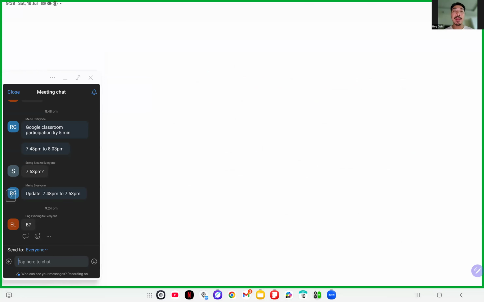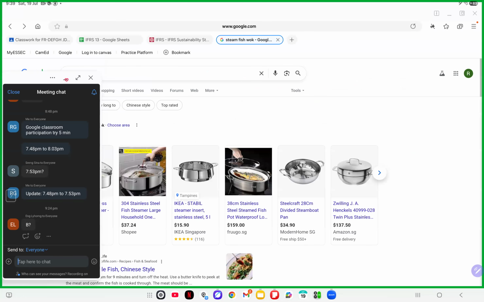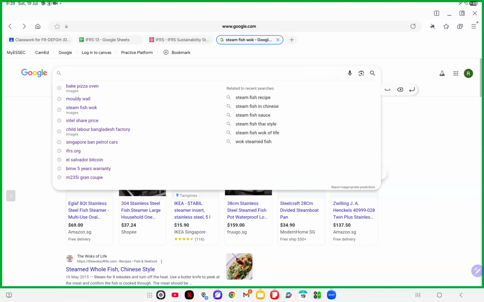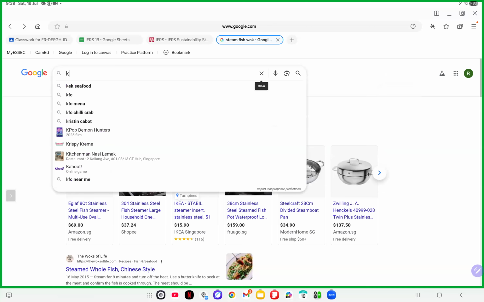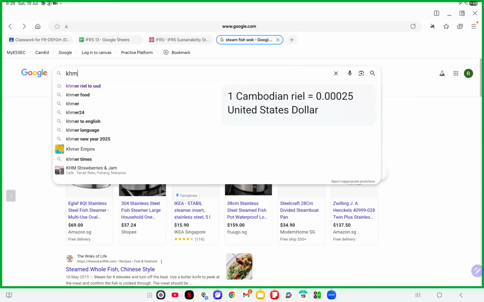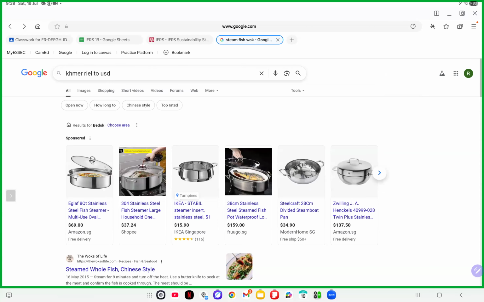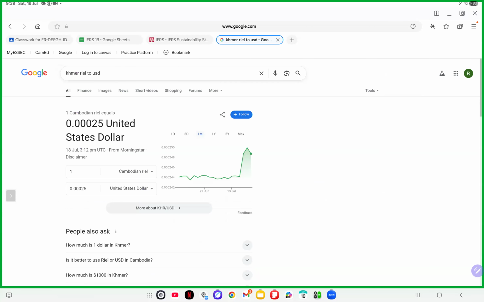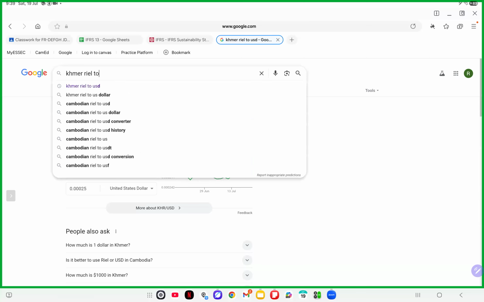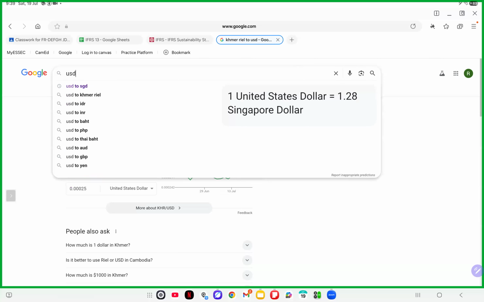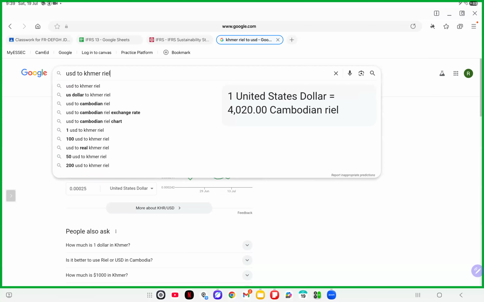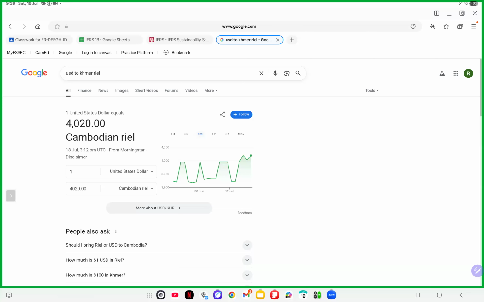But I'm so sorry, that may not necessarily be the actual rate. Why? This is your US dollar to Khmer Riel. Actually, I should put it the other way around. Let me delete this. US dollar to Khmer Riel. I like that better. Let's look at the maximum.